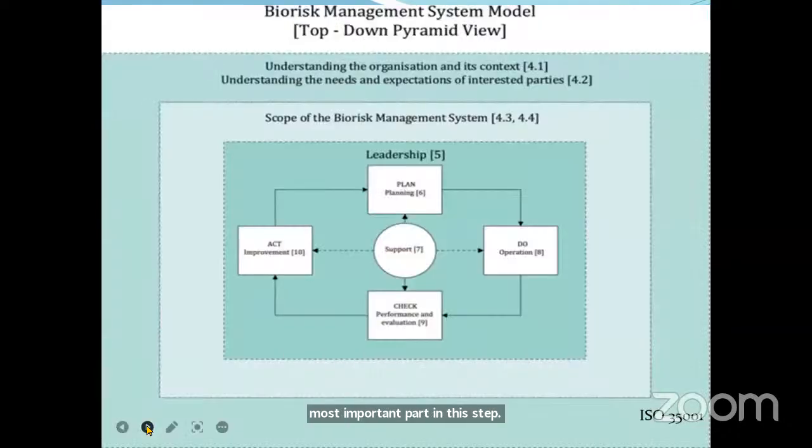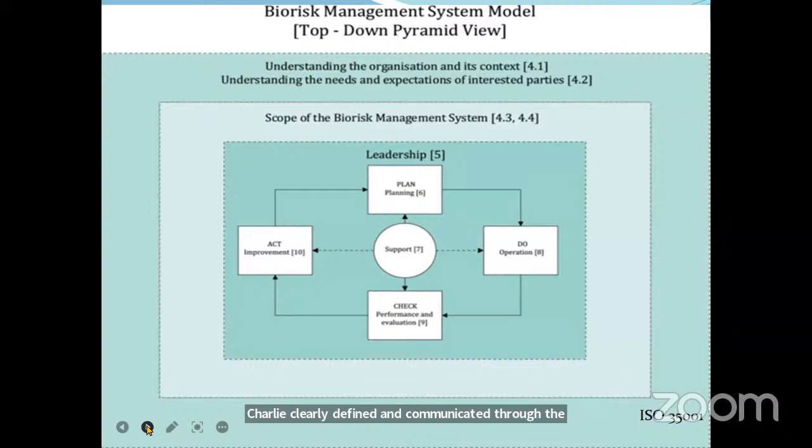Biorisk management modules, as you see, are shown in a top-down pyramid view, starting with understanding the organization and its context. This means the purpose of the organization, its objectives, and the boundaries of its work shall be clearly defined and communicated throughout the organization.